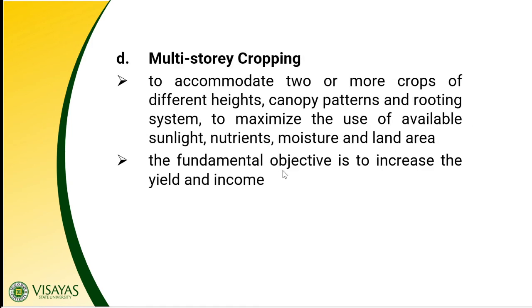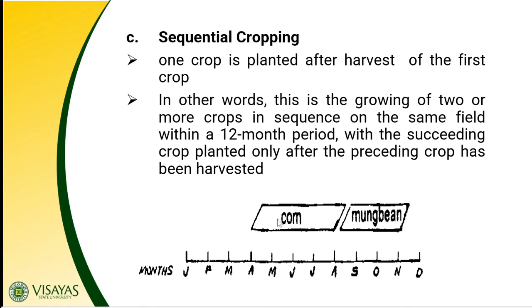So, for instance, here we can see that from April to July or almost August, corn is planted, and after the harvest of corn, mung bean is being planted. So mung bean is only planted after the harvest of corn. This is sequential cropping, unlike in the relay cropping where the second crop is planted while the first crop is still in the field.